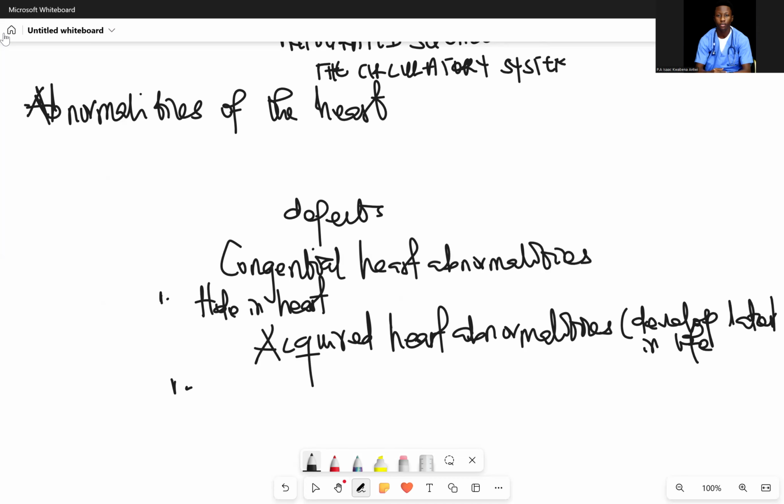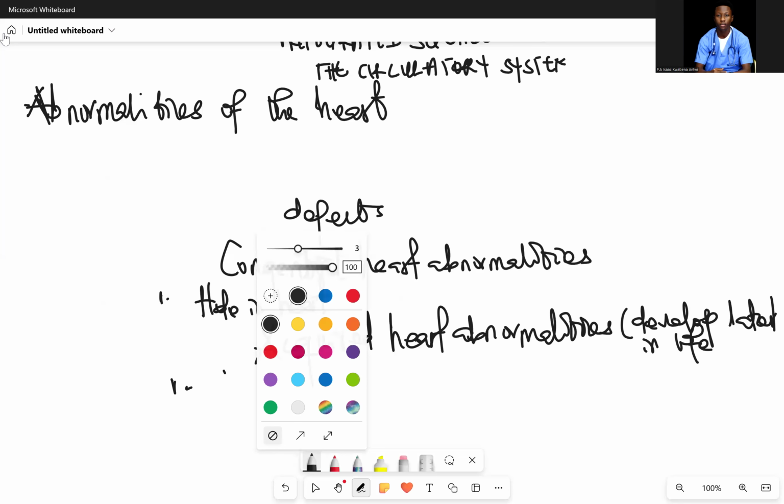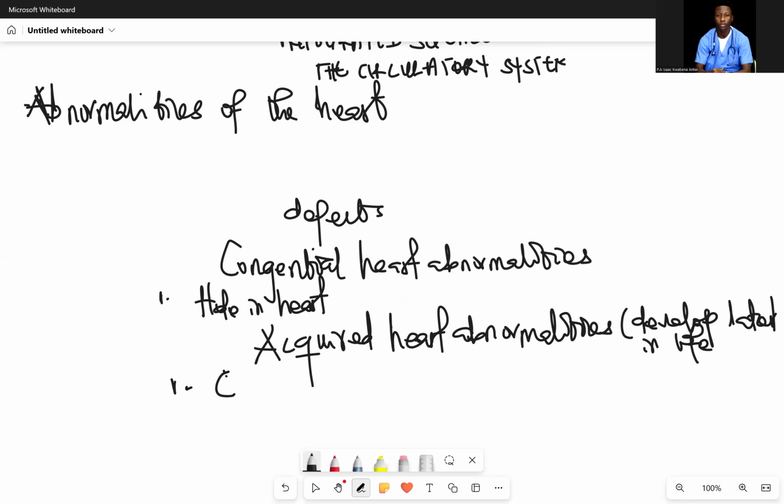All right, so one is coronary artery disease. And I told you what coronary means, right? Coronary artery disease.